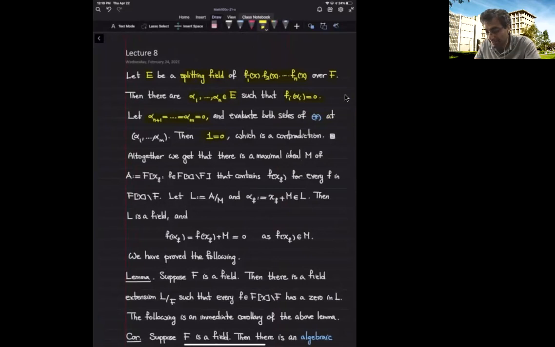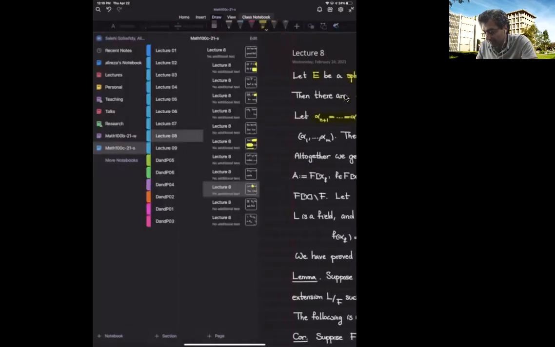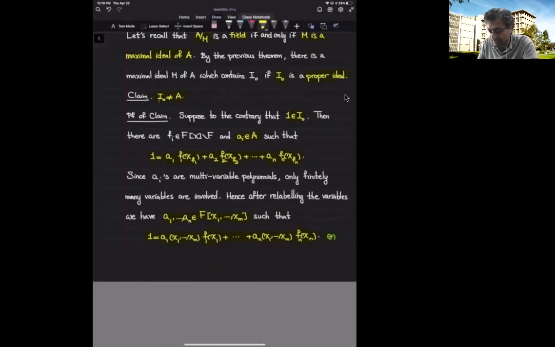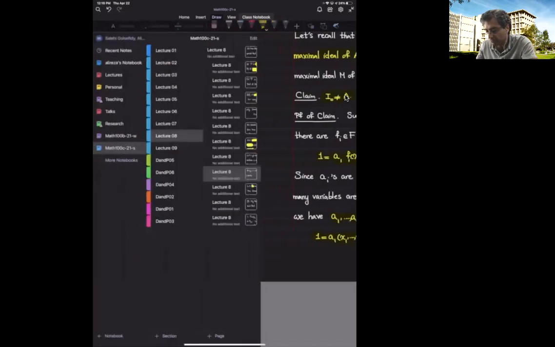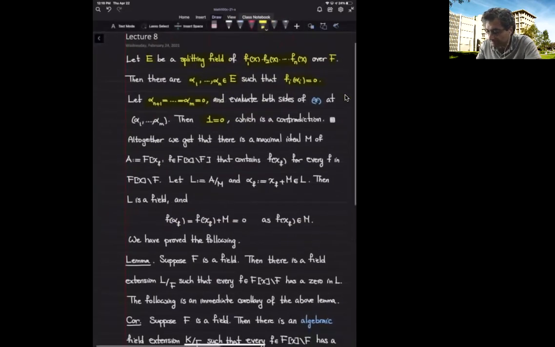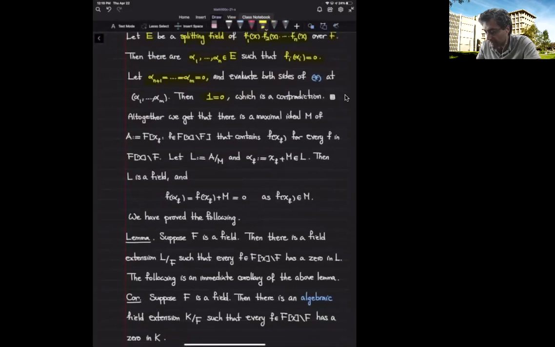So that means that this ideal I0 is indeed a proper ideal, and so by the theorem that we proved, there is a maximal ideal M that contains I0. That means this maximal ideal contains f of x sub f for every non-constant polynomial.